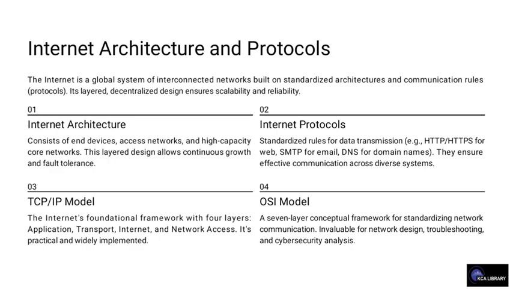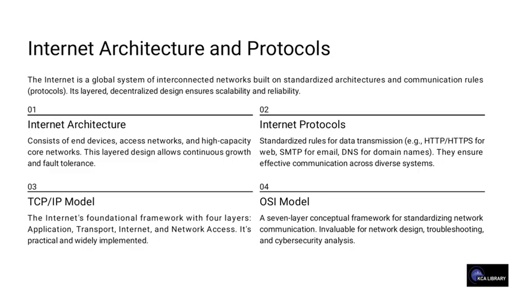We also have the internet architecture and protocols. The internet is a global system of interconnected networks, built on standardized architectures and communication rules, which are the protocols, and its layered, decentralized design ensures scalability and reliability.